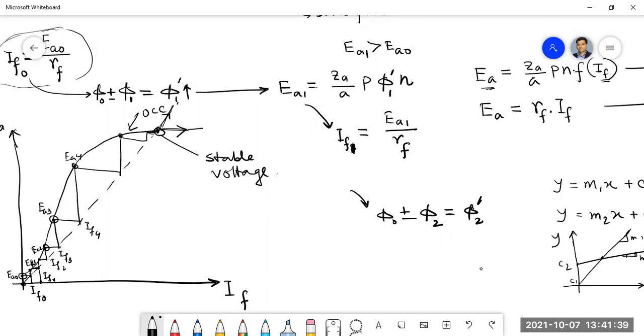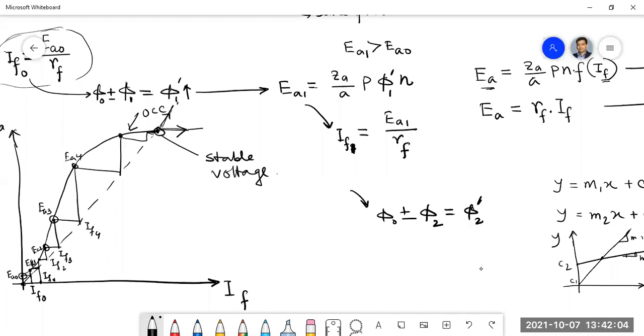Got my point? Why are we calling this the stable voltage? Because when this voltage build-up process starts, it will be an autonomous process. You don't have any control on that. It will build up and it will stop at this stable voltage point only. Nowhere except this stable voltage point. It will not stop anywhere else.